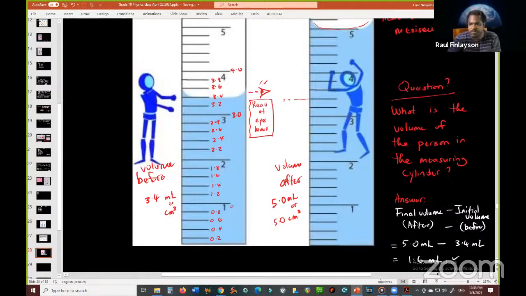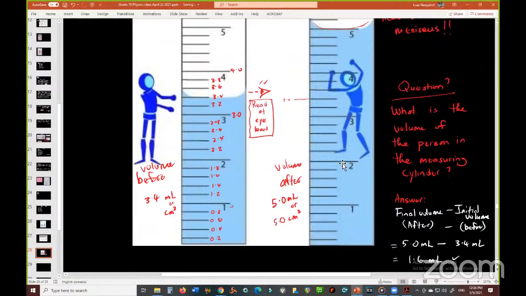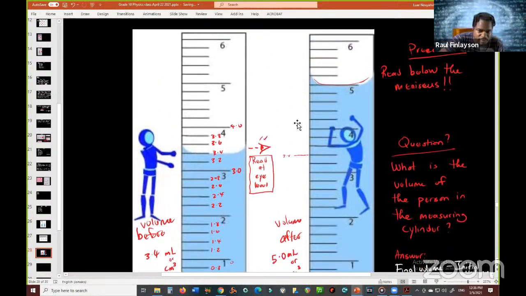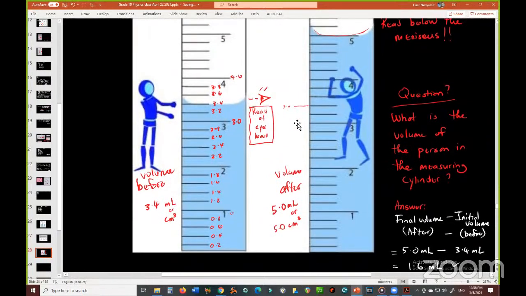All right, any questions here, class? No, sir. So now you know how to find the volume. Sir, can you do it vice versa, before then after?